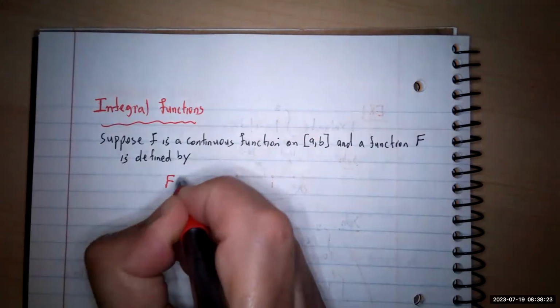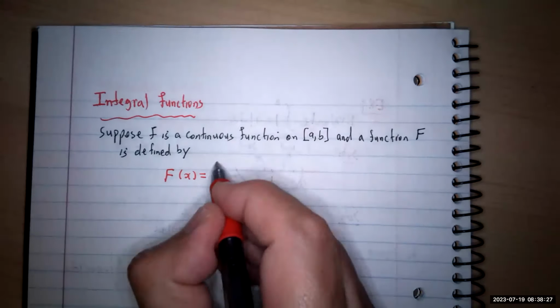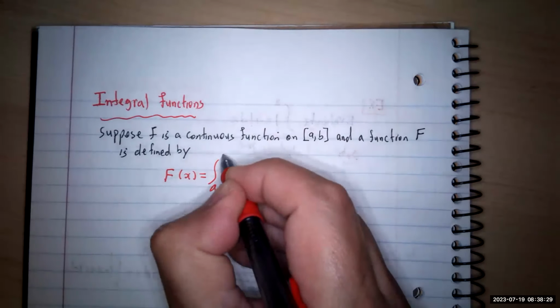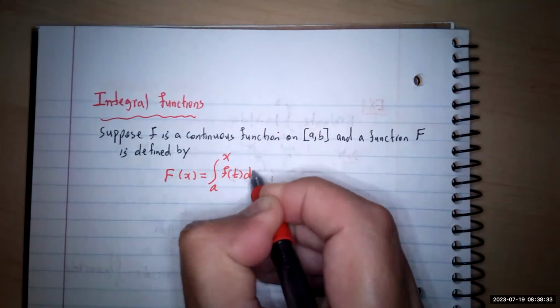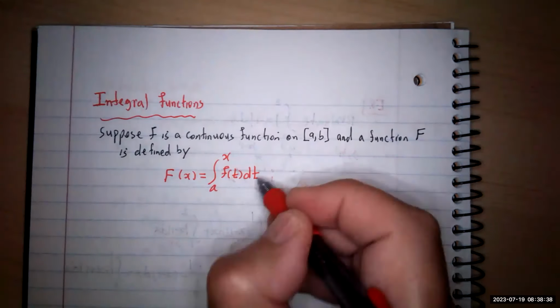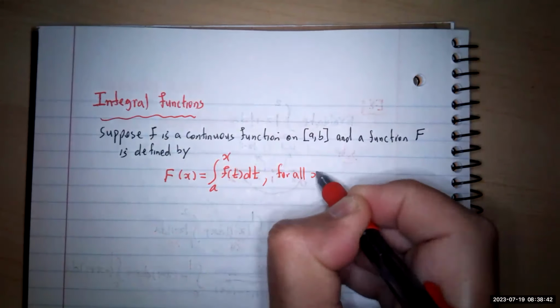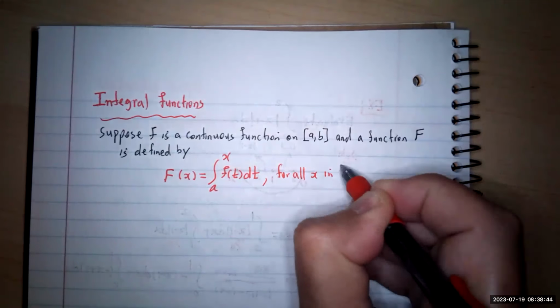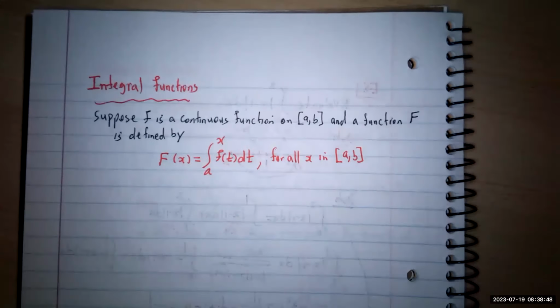F of x is equal to the integral from a to x, f of t dt. This is true for all x in the closed interval a, b. You see this function?